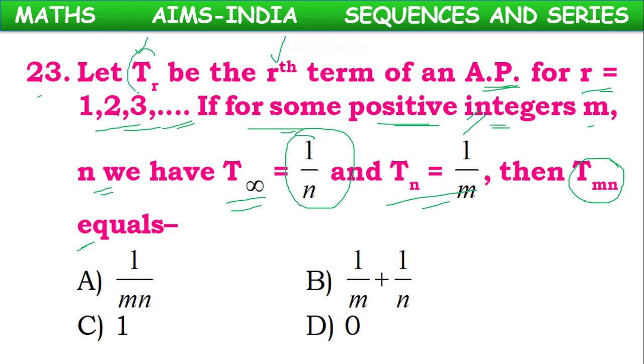Here Tr is the rth term of an AP, continuing up to infinity, and T infinity is 1 by n and Tn is 1 by m. Then what about the Tmnth term?